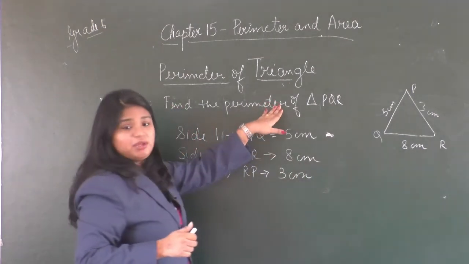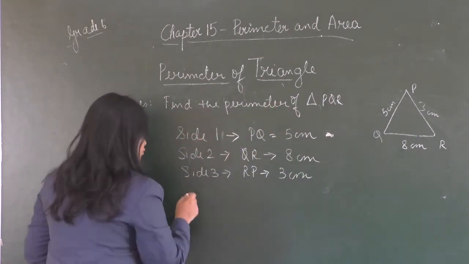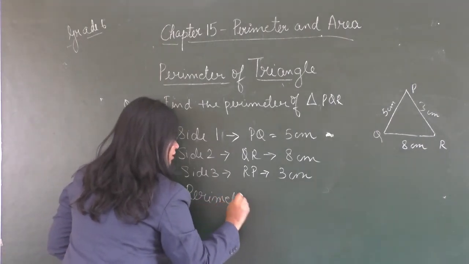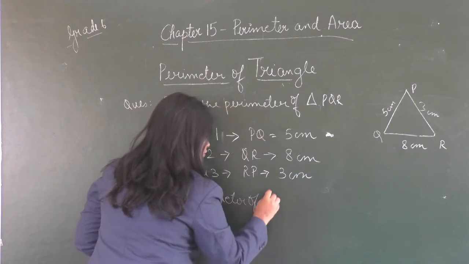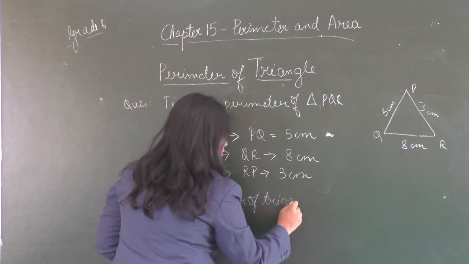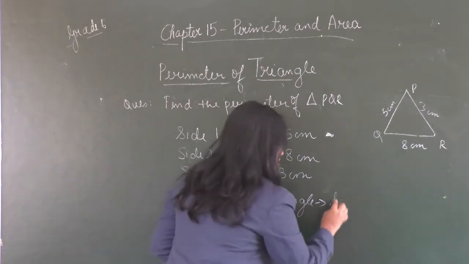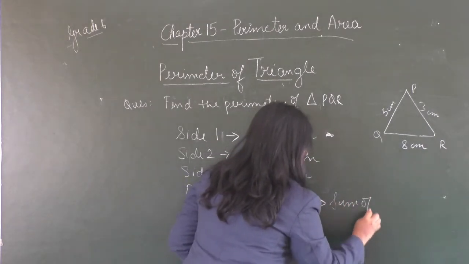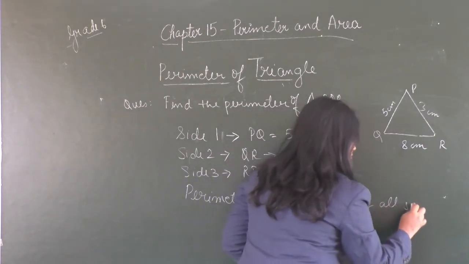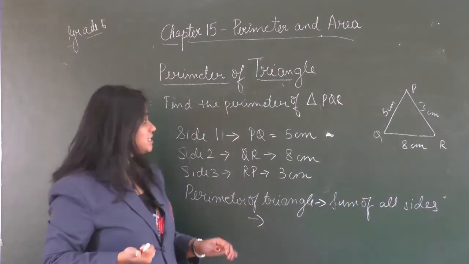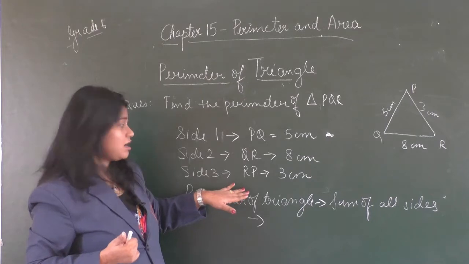Now I know the formula for perimeter of a triangle. So I will write perimeter of triangle, that is sum of all sides. So we have the measurement of all the sides, that is PQ, QR and RP.